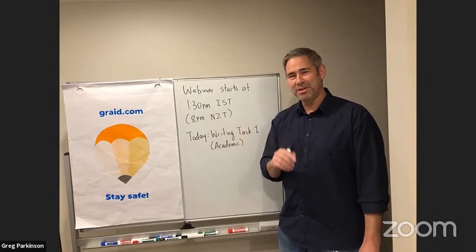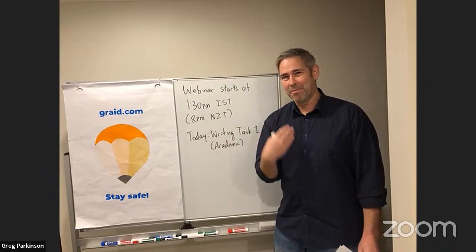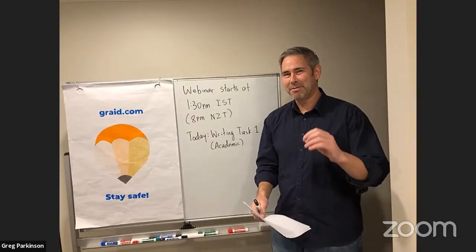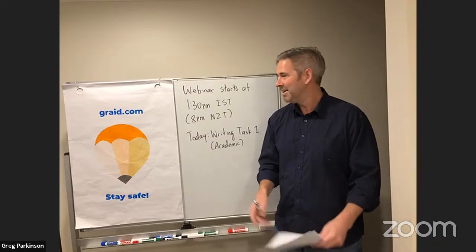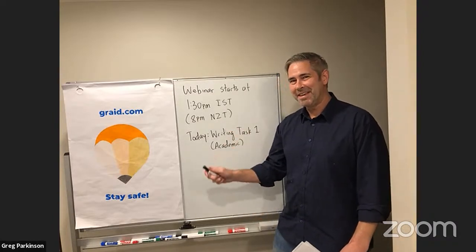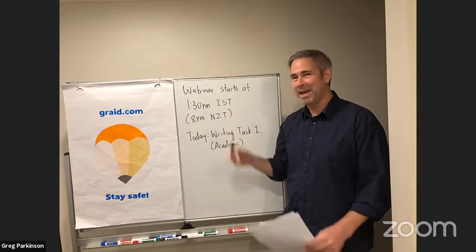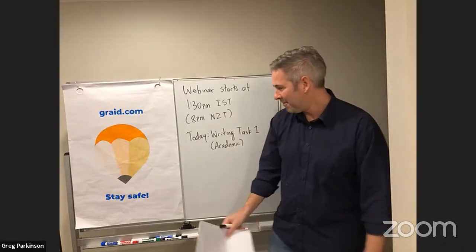I've managed to reproduce this one from the GRAID site, so perhaps some of you have done this via the GRAID site. I really hope that you can see the graph as I display it. I'm going to unveil it now.